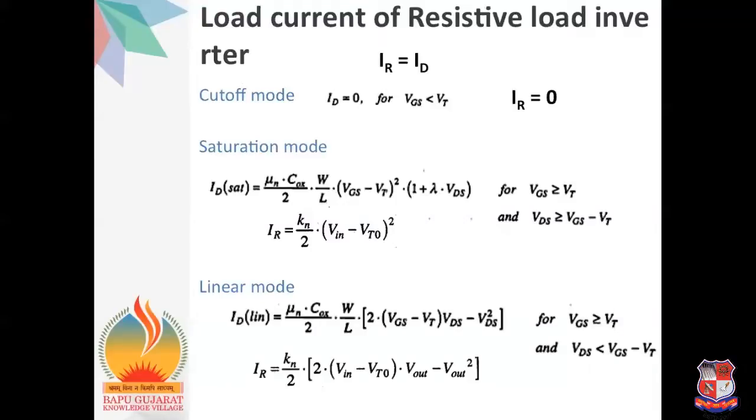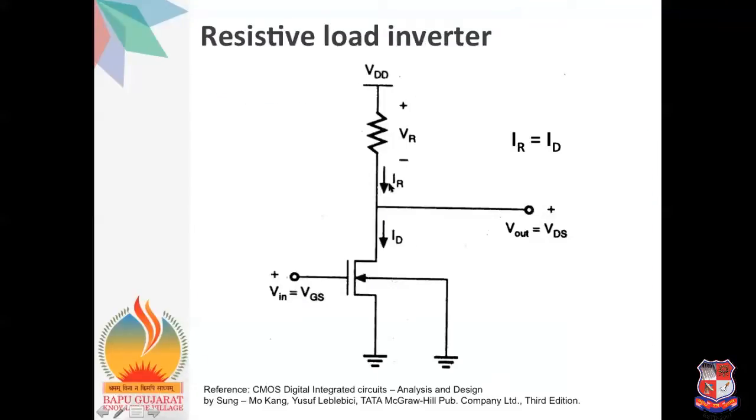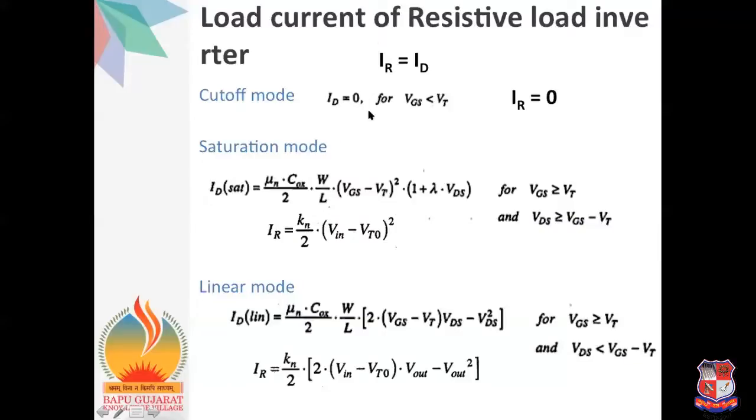So now let's see the load current of the resistive load inverter. Here in this circuit, the load current IR and ID are both equal. Based on IR equal to ID, we already derived the drain current equations for the N-channel MOSFET.